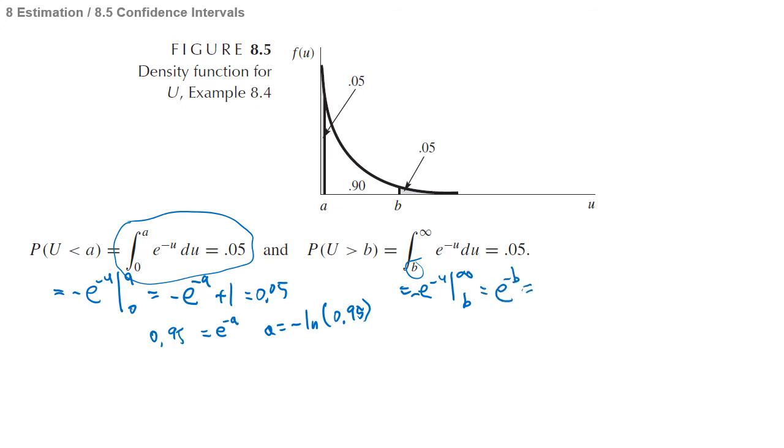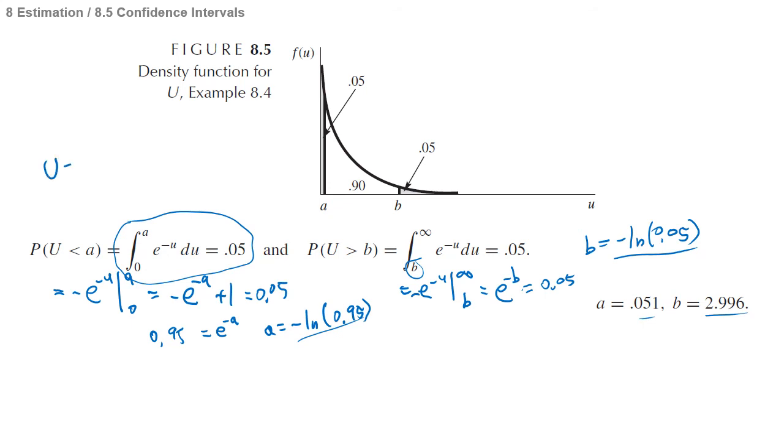Since this is 0.05, b is equal to minus ln 0.05. If you use your calculator, you can find a is this and b is this.